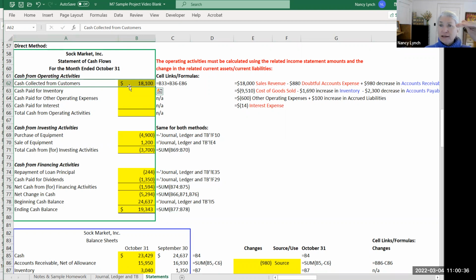Once again, you take your income statement item, try to get it to cash collected or cash paid, in this case, cash collected. We have to go to the balance sheet and look at the related current asset or current liability, see what happened to it, and then adjust our income statement line item to get it to be the cash collected. So that's the amount of cash collected from customers. I'll do the other ones in other videos, the other lines.